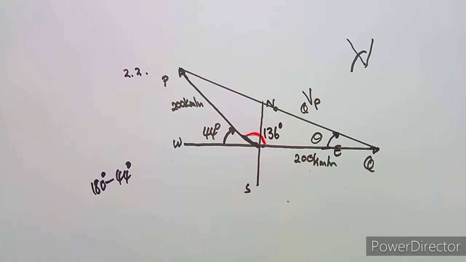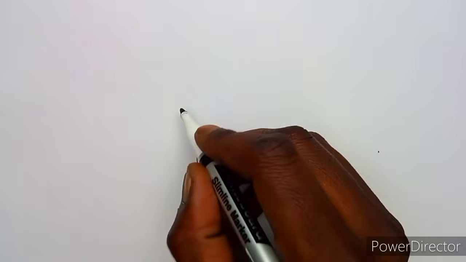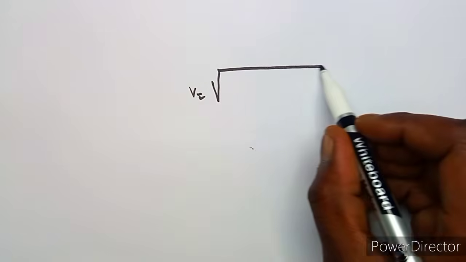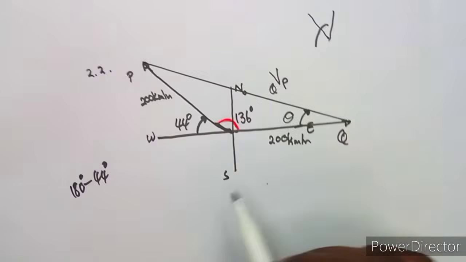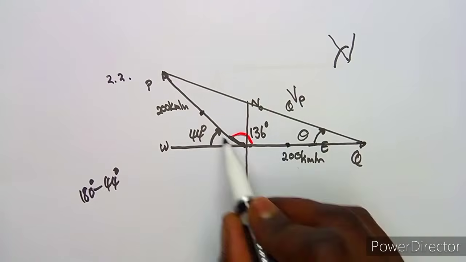So guys, this is just a repetition of the cosine rule, which we applied in the previous part on the resultant velocity. So our velocity is going to be the square root of that formula, b squared plus c squared minus 2bc cos of the angle. These are the sides that are creating the angle.